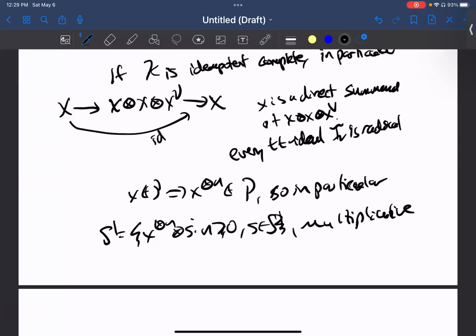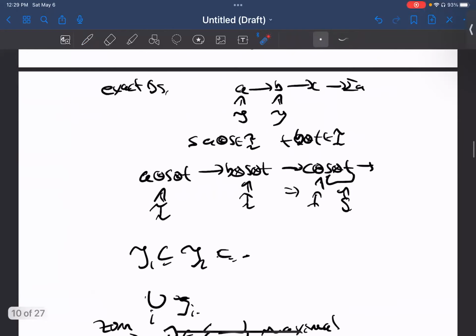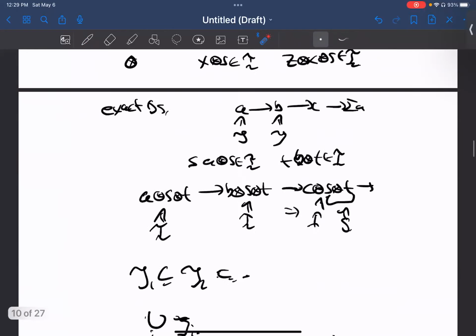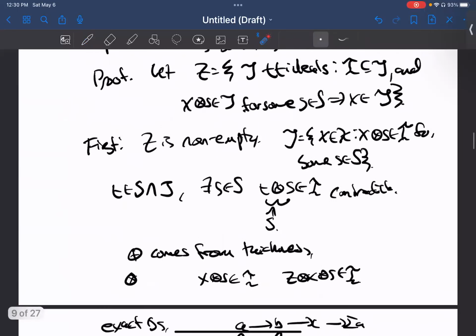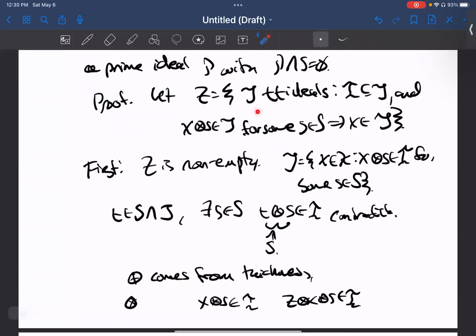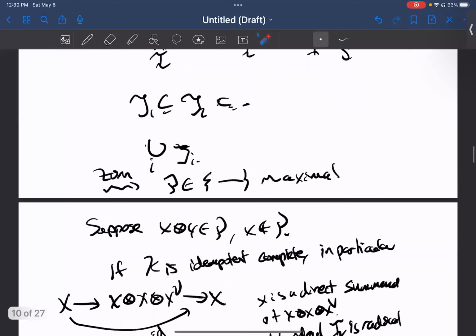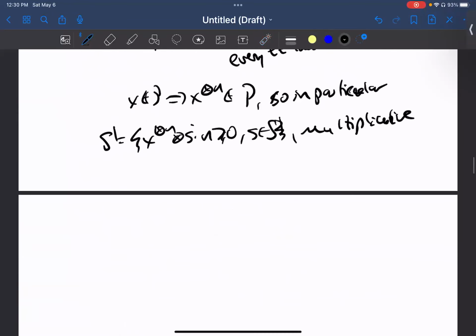And none of these are going to be in P. And in particular, by this assumption here, we see that S prime intersection P is the empty set.